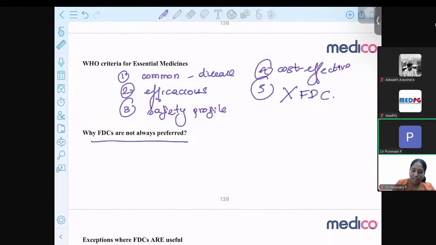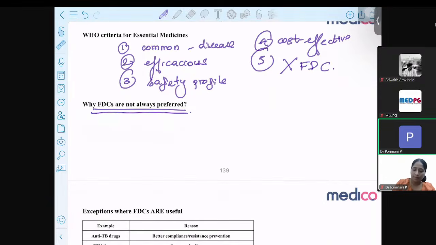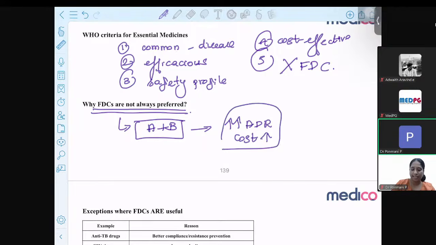Why are FDCs not preferred? Because FDCs contain a combination of two drugs. So FDCs have increased propensity to cause ADR, as well as the cost of the drug also increases. Therefore, FDCs are not included under essential medicines except for a few FDCs.